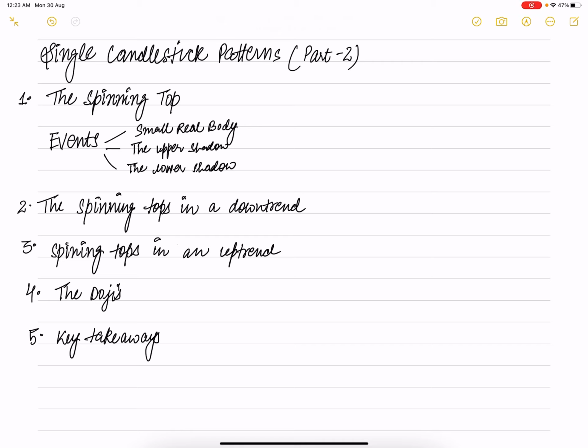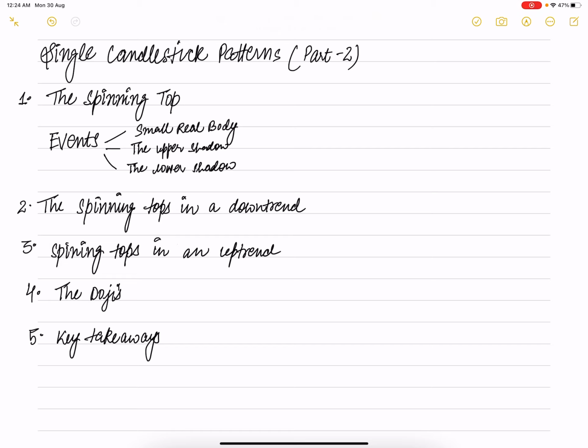The classic definition of doji suggests that the open price could be equal to the close price, with a virtually non-existent real body. The upper and the lower wick can be of any length.